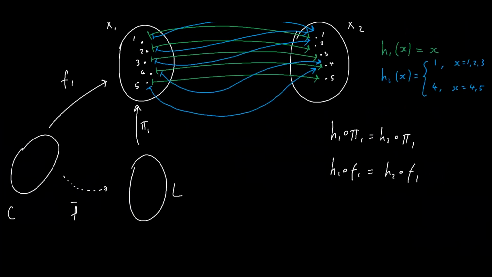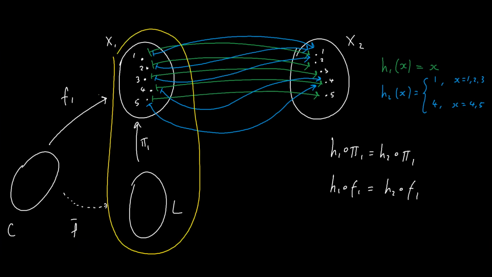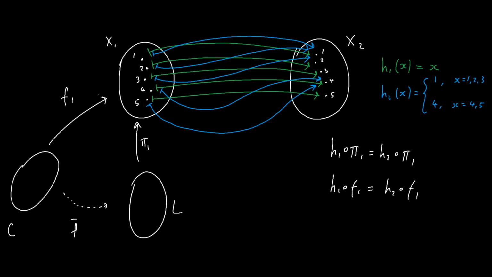So maybe that would be the approach, to list all possible functions pi1 that satisfy this, and then see which one of them will be such that any other will have a unique way of connecting C with L. Or maybe we could take an intelligent guess right from the start and say, if this is supposed to be a fundamental concept, the limit of such a diagram, then surely there should be some intuitive way as to why this pi1 is natural.